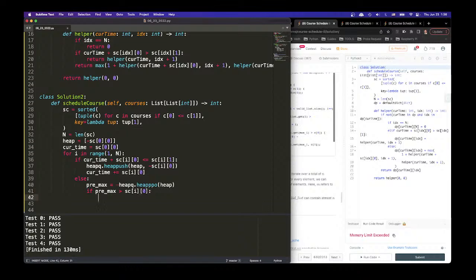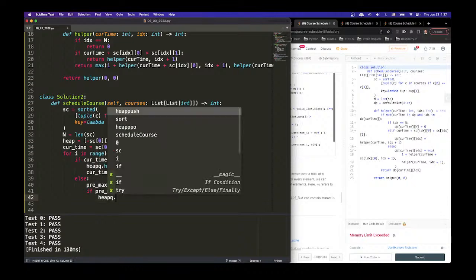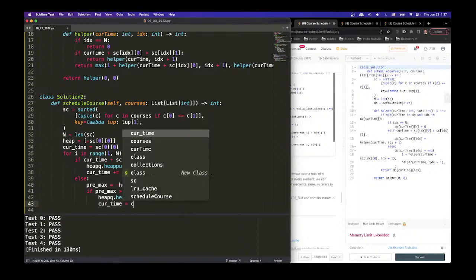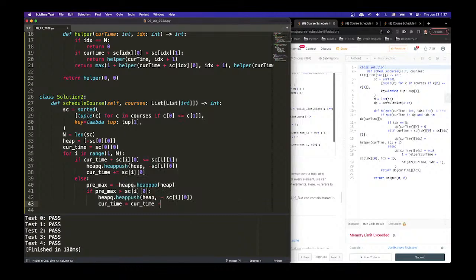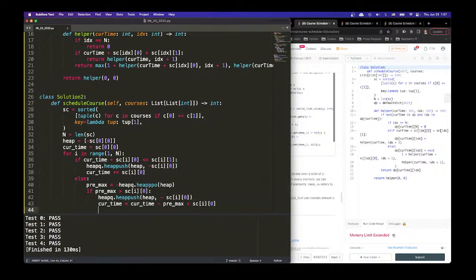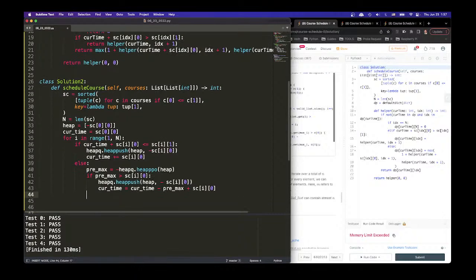Then we say heapq.heappush heap minus ci0, and then current time equals current time minus previous max plus ci0. That's if we can do the swap.